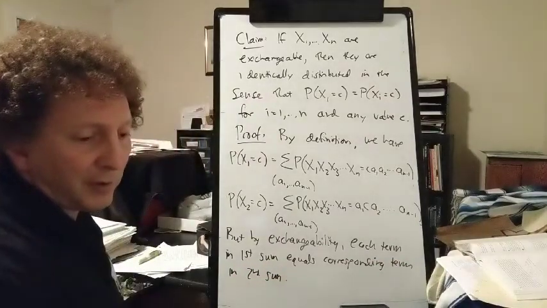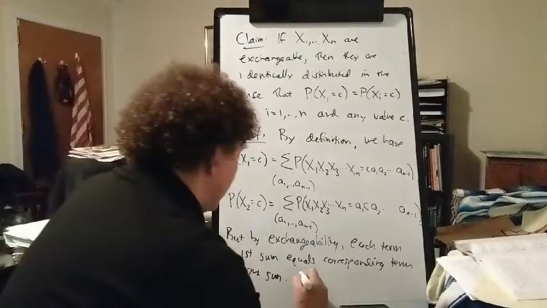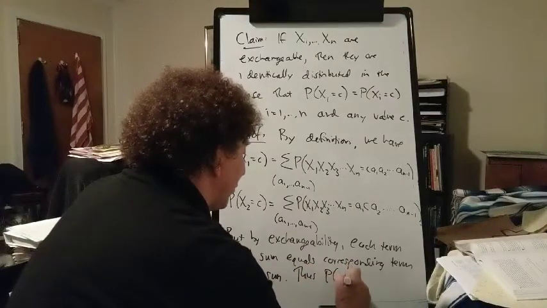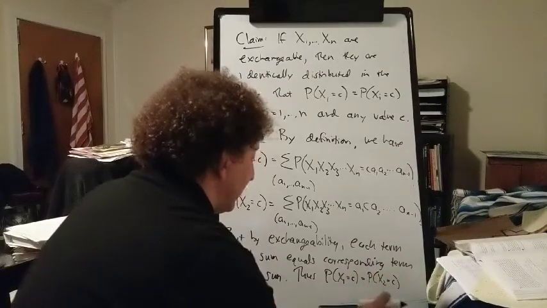So each term in the first sum equals the corresponding term in the second sum. So that means that the probability that x1 equals c equals the probability that x2 equals c for all c.